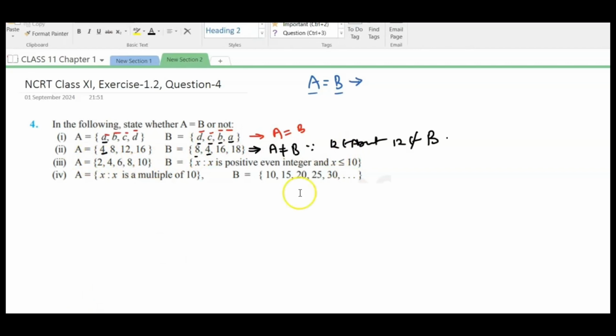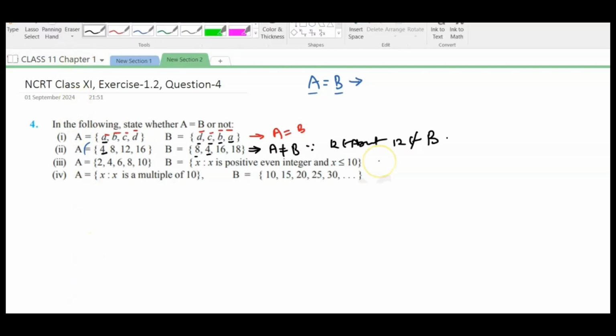Let's see the third part. So A is 2, 4, 6, 8, 10 and B is x such that x is a positive even integer and x is less than or equal to 10. So first we'll write this in tabular form. Positive even integers: 2, 4, 6, 8, 10 and so on.